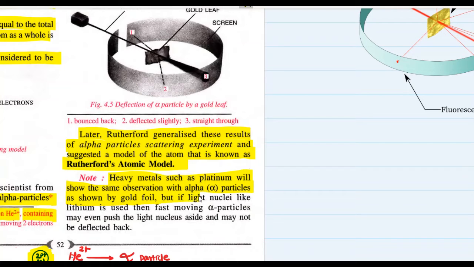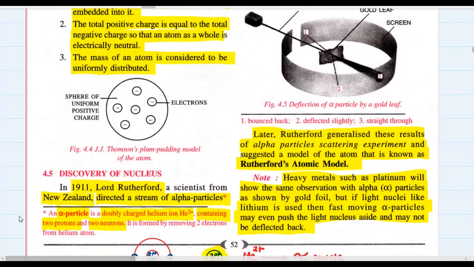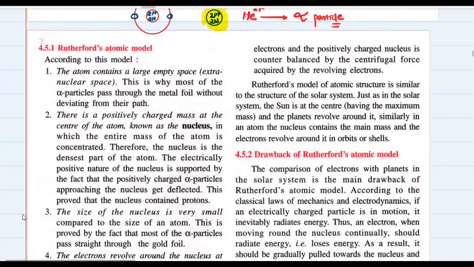But if light nuclei like lithium are used, then fast moving alpha particles may even push the light nucleus aside and may not be deflected back. That's why heavy metals like platinum and gold were used by Rutherford for this experiment, so that he can accurately tell how an atom looks like.